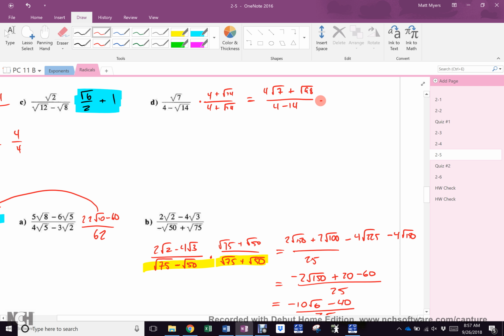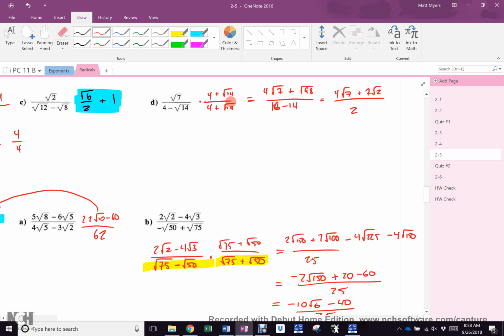So that is 4 root 7. 98 is 49 times 2, right? Oh, yeah, 16. Sorry, 16 minus 14, which is 49 times 2. So that is plus 7 root 2 over 16 minus 14 is 2. And then no simplifying.